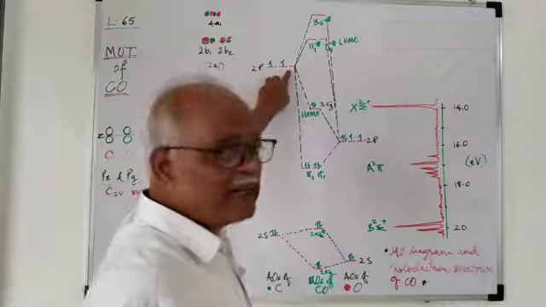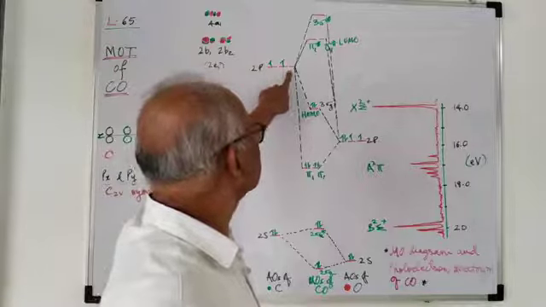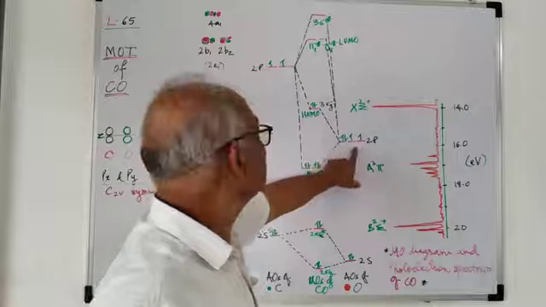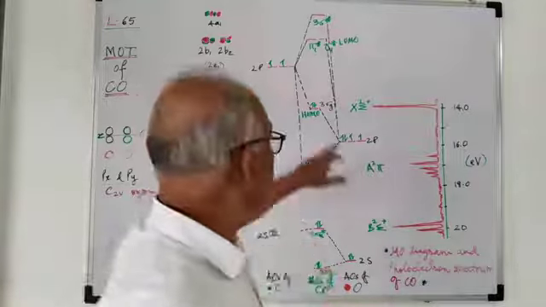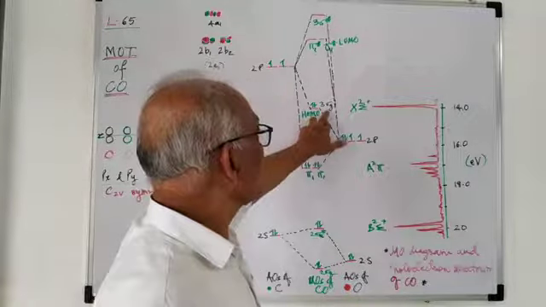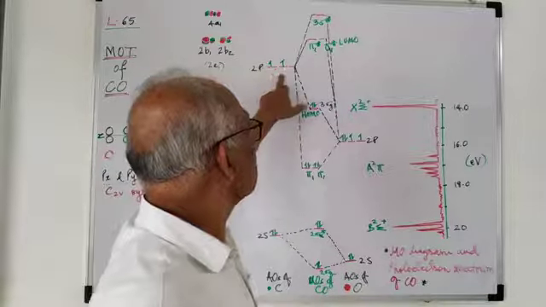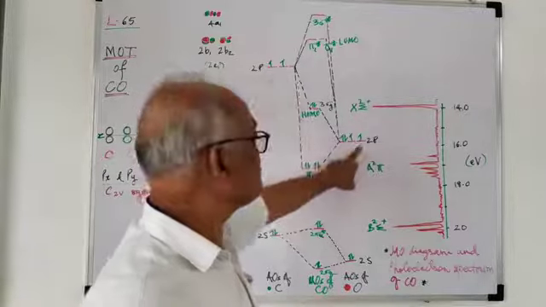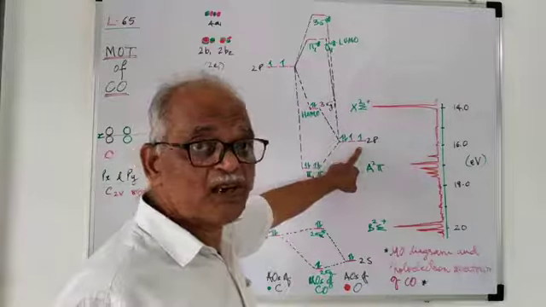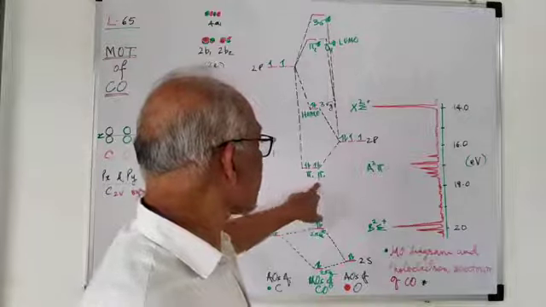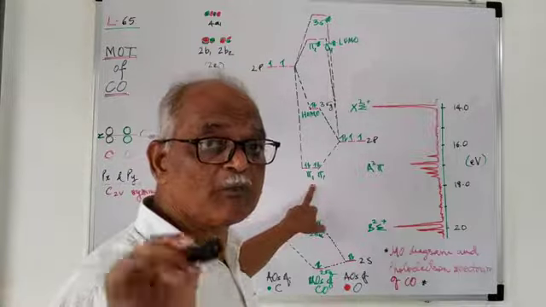So pz orbital of this carbon from 2p and pz orbital of this oxygen will undergo linear combination to produce this sigma molecular orbital. And px and py of carbon and px and py of this oxygen will undergo linear combination to produce these pi molecular orbitals of bonding nature.